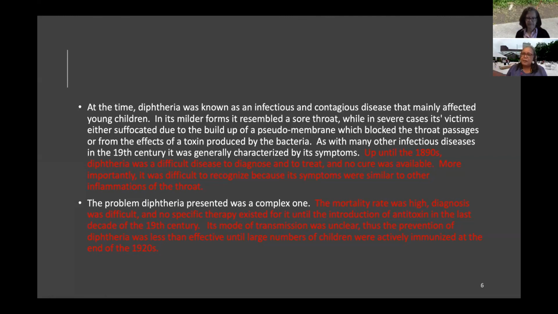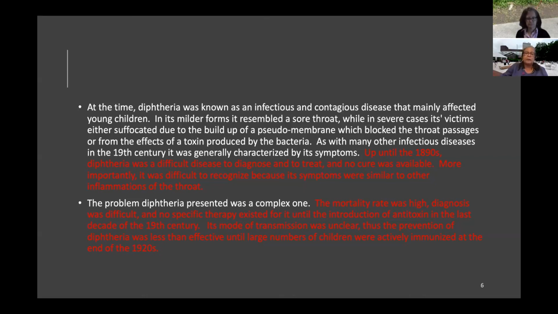So the problem that diphtheria presented was a complex one. The mortality rate was high, especially among young children. No specific therapy existed for it until the introduction of antitoxin in the last decade of the 19th century. Its mode of transmission was unclear. The prevention of it was less than effective until large numbers of children were actively immunized at the end of the 1920s.